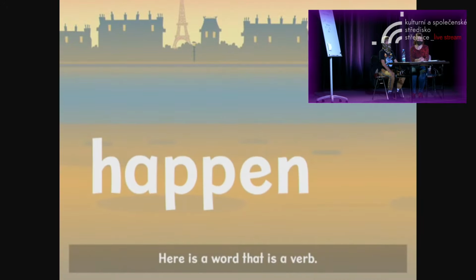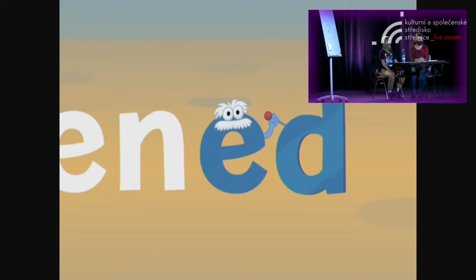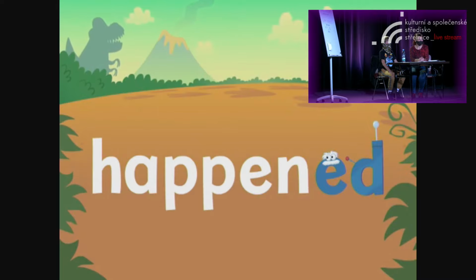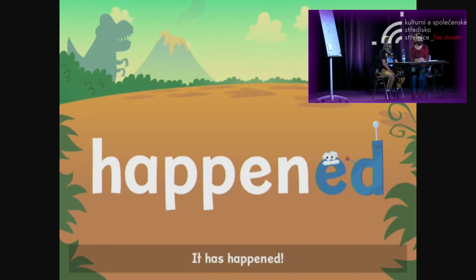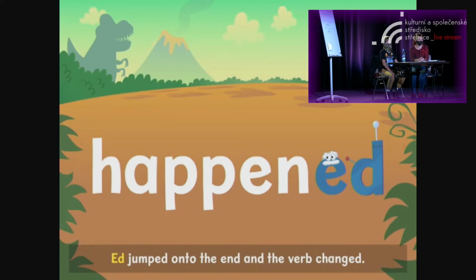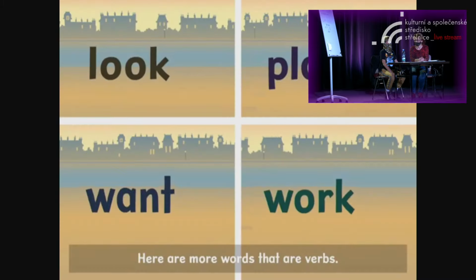Here is a word that is a verb. Happen. I wonder what's going to happen now. Happened. It has happened. Ed jumped onto the end and the verb changed. The word has traveled into the past. Here are more words that are verbs. Ed will send them into the past.